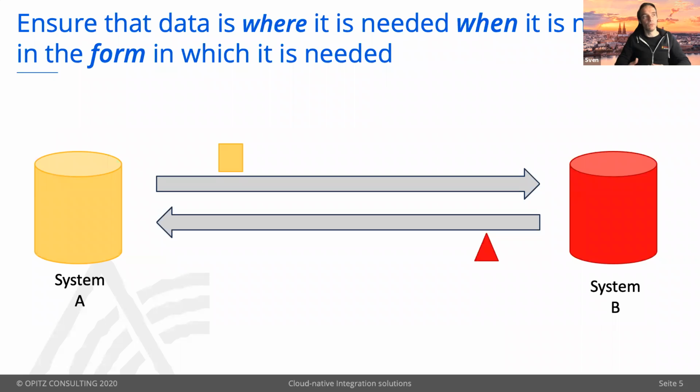So you may need to provide the data in different formats. You may need to apply patterns like CQRS to have a different write and a different read model and all that kind of stuff. You need to keep that in mind when you build solutions.